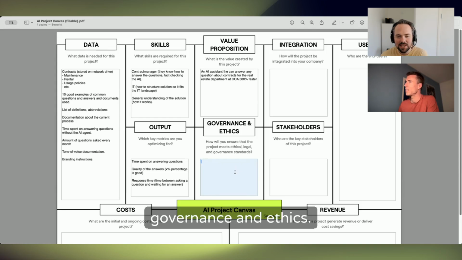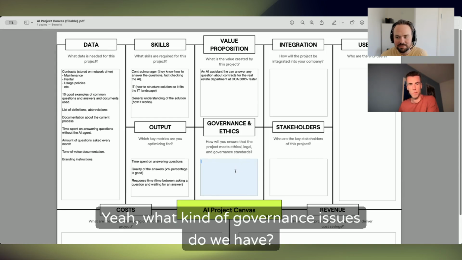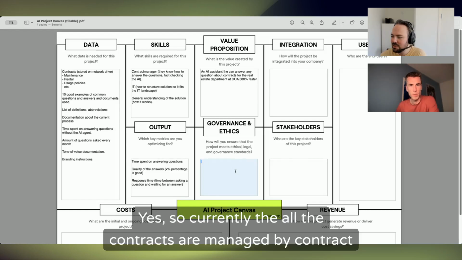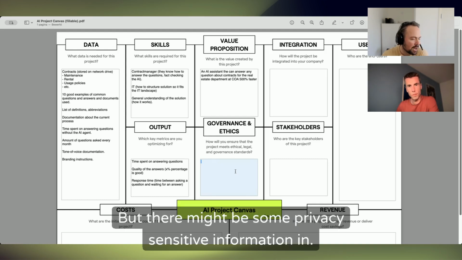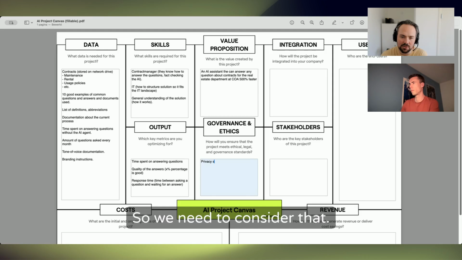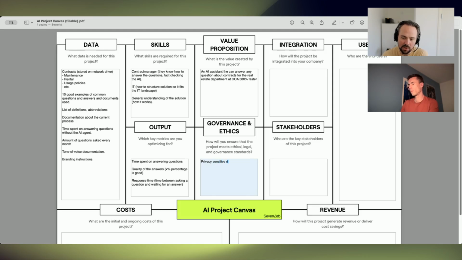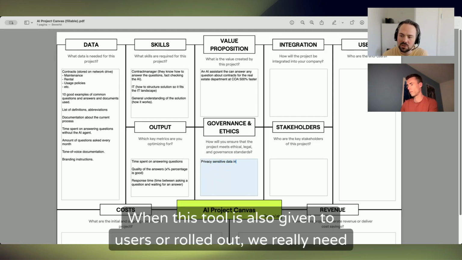Okay. Governance and ethics. What kind of governance issues do we have? Yeah. So currently, all the contracts are managed by contract managers, but there might be some privacy sensitive information in, so we need to consider that when this tool is also given to users or rolled out.